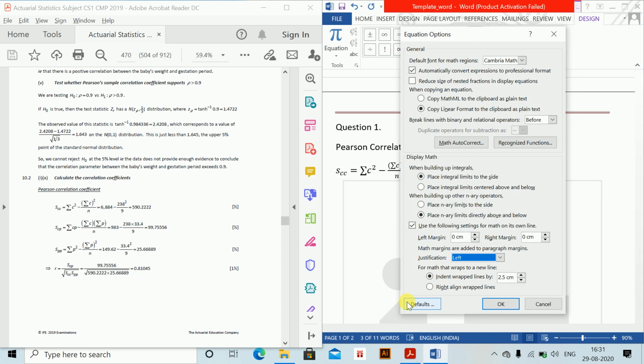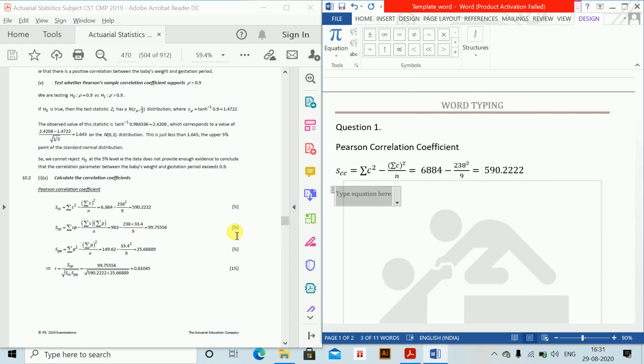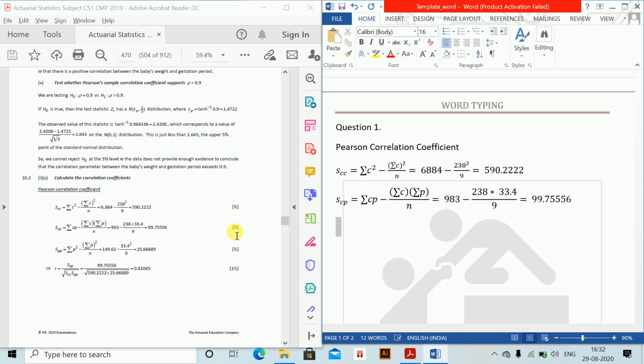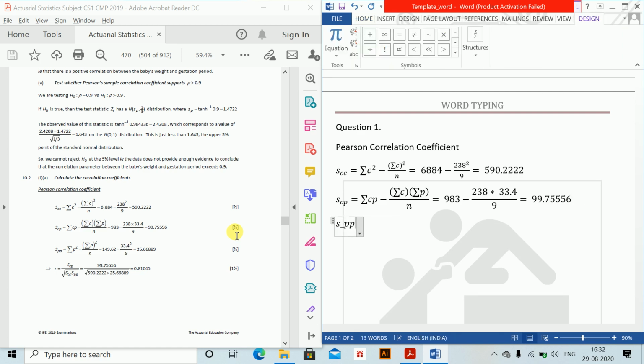Now S underscore CP is equal to the summation of CP minus the summation of C into the summation of P, divided by n, which is equal to 983 minus 238 into 33.4 divided by 9, which is equal to 99.75556.